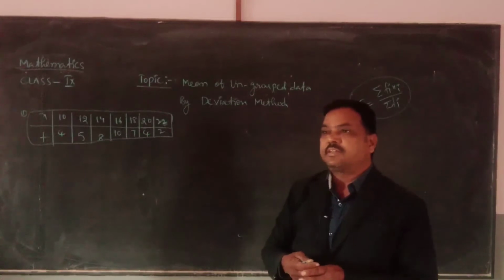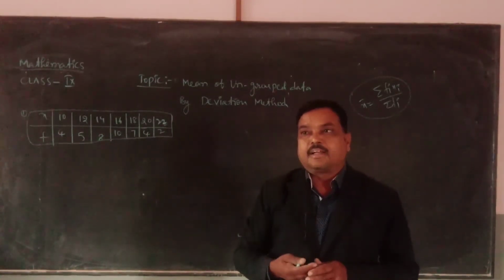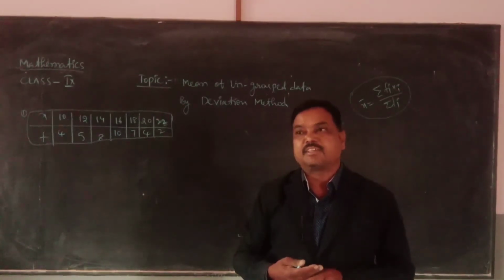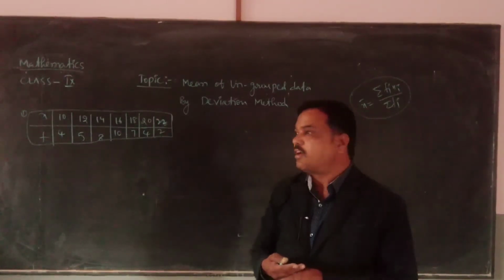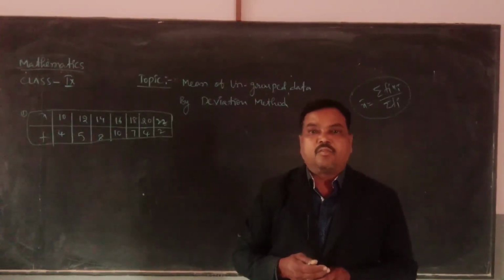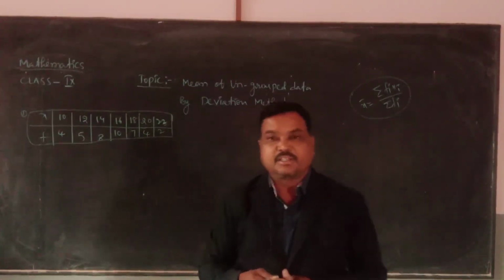But sometimes in 10th class they will give some very large numbers, and the frequency is also a very large number. At that time we have to use the deviation method. What is the formula for the deviation method?